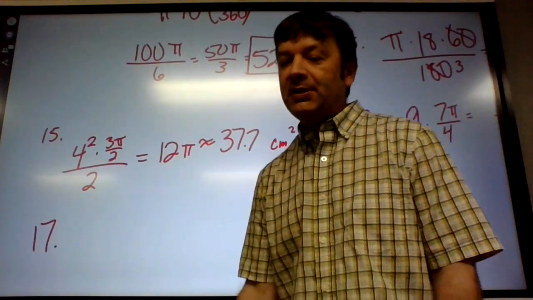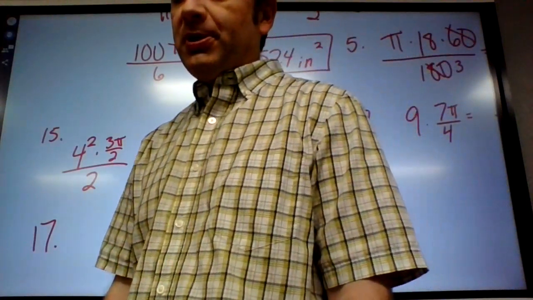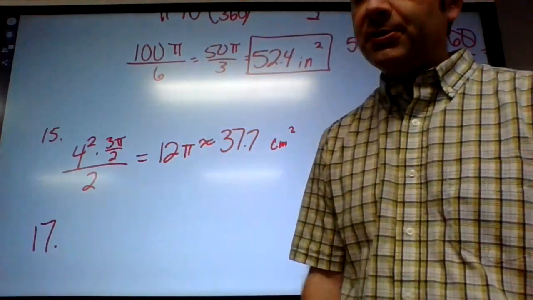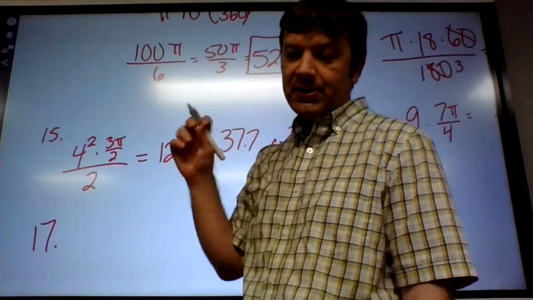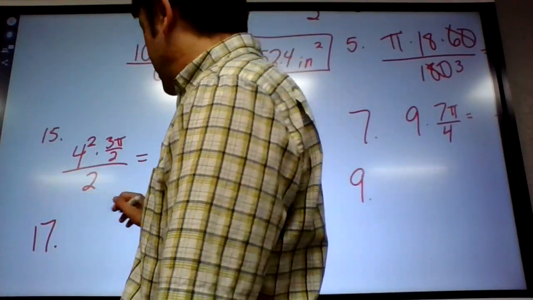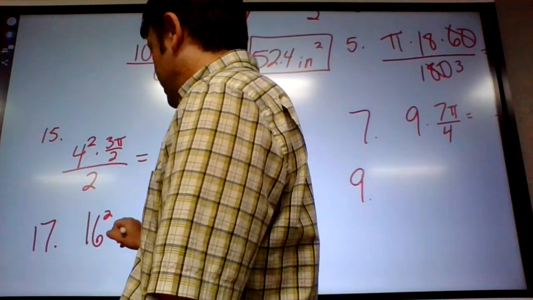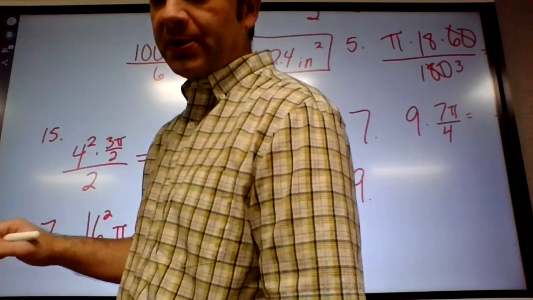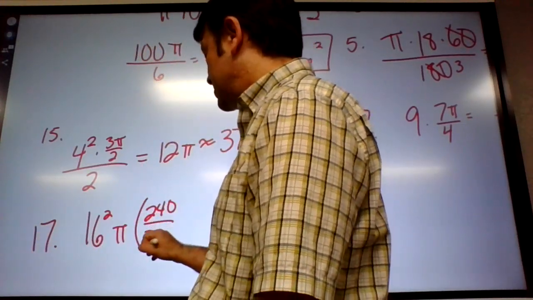All right, 17 is kind of the same as the back side. The other side is we are not putting decimals. We're just leaving the fractions and pies and stuff. So it's 16 squared, radius squared times pi, times the fraction of the circle we're using, which is 240 out of 360.